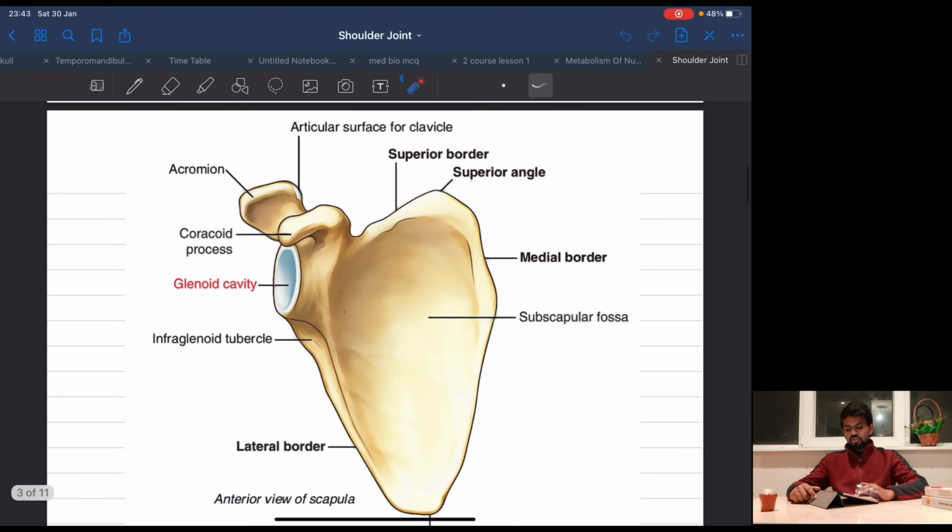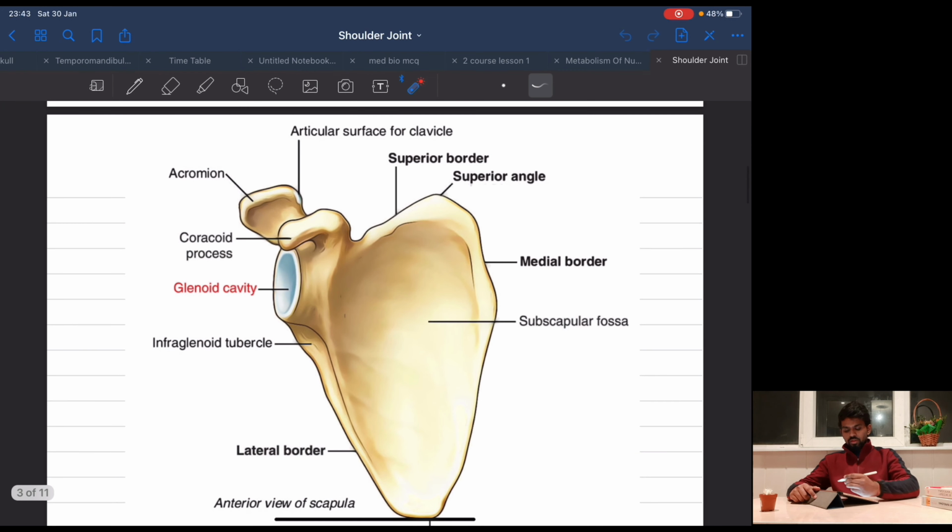Here are some parts of the scapula. Till now you have studied one part of the scapula, the glenoid cavity. There are also two processes in the scapula, the coracoid process and the acromion process.